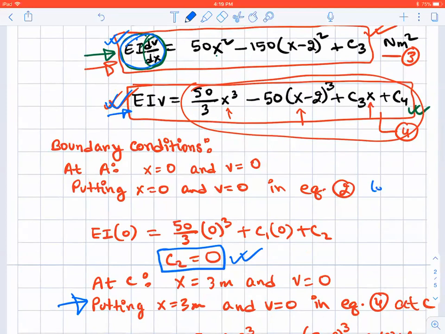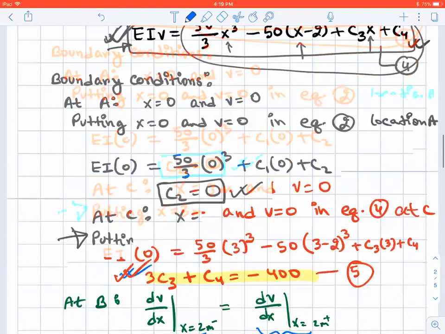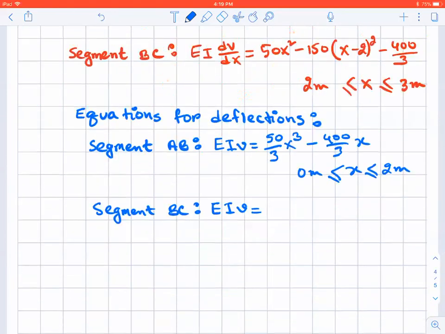So the last equation is equation 4: 50 by 3 x cubed minus 50 times (x minus 2) whole cube plus C3x. Now C4 we found to be 0, so I'm not going to write it. We just have to plug in the value of C3. So that's going to be 50 by 3 x cubed minus 50 (x minus 2) cubed minus 400 over 3 x.